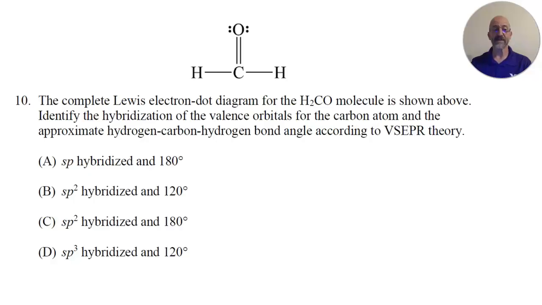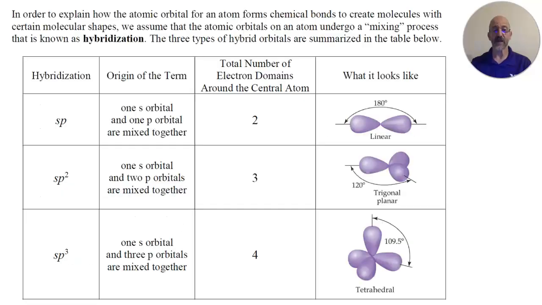So what exactly is hybridization? In my video for topic 2.7, I had presented this information about hybridization. We either have 2 electron domains around the central atom, 3 electron domains around the central atom, or 4 electron domains around the central atom.